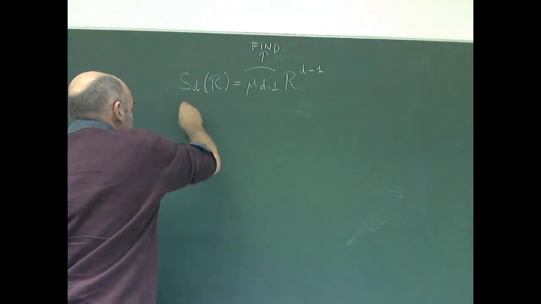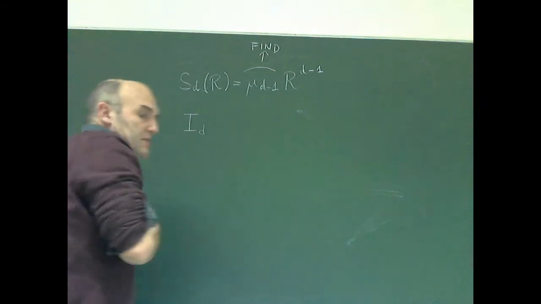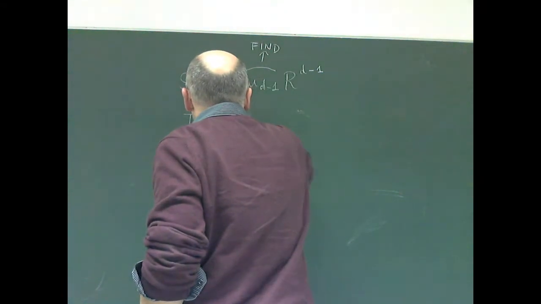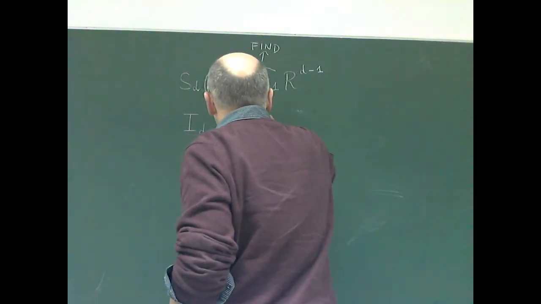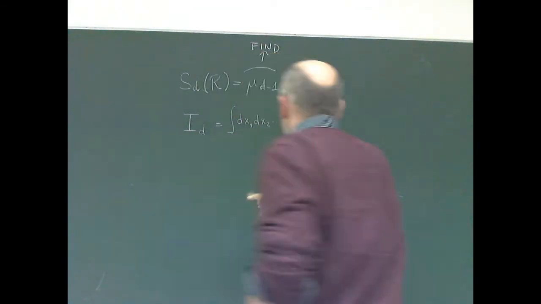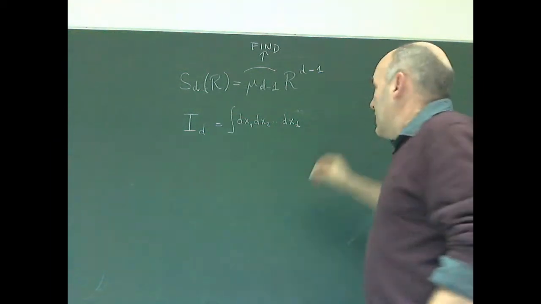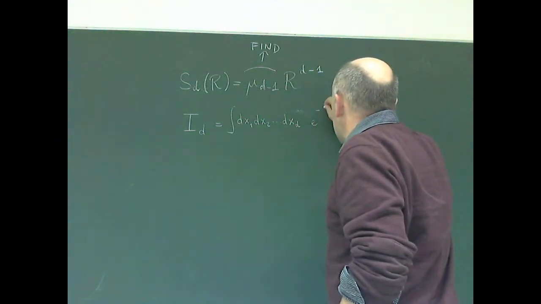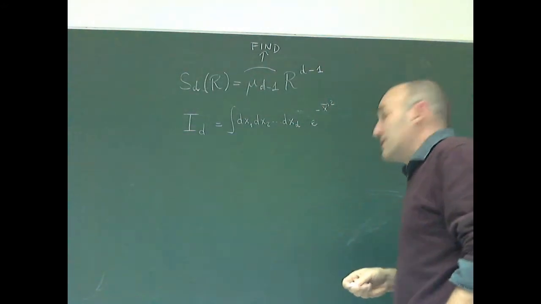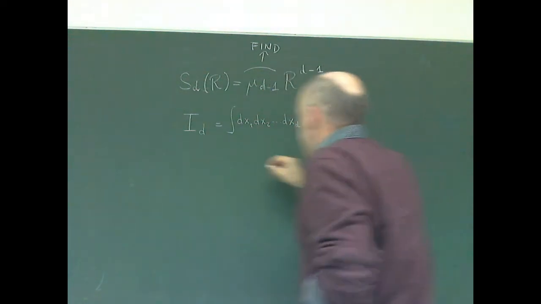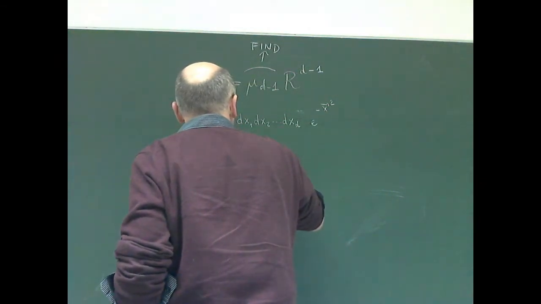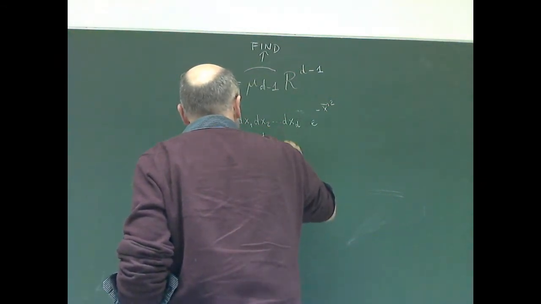To compute this mu, we consider the following integral in d dimensions: the integral over x1, x2, up to xd of e to the minus x squared, calculated as a vector, so x squared is the sum over i from 1 to d of xi squared.